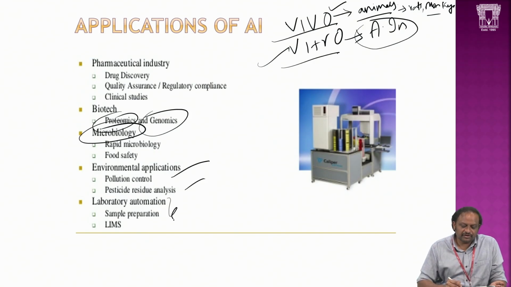Similarly, there is a lot of laboratory automation, like sample preparation, sample analysis, and similarly characterization of the sample by these analytical instruments and so on. Similarly, LIMS is one more application in laboratory automation. So these are the several applications of analytical instruments.